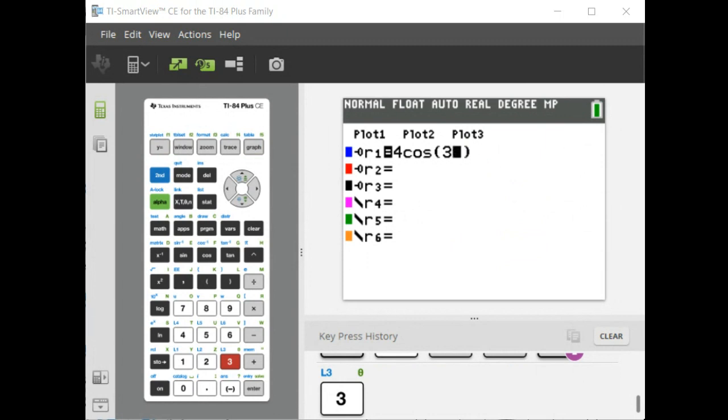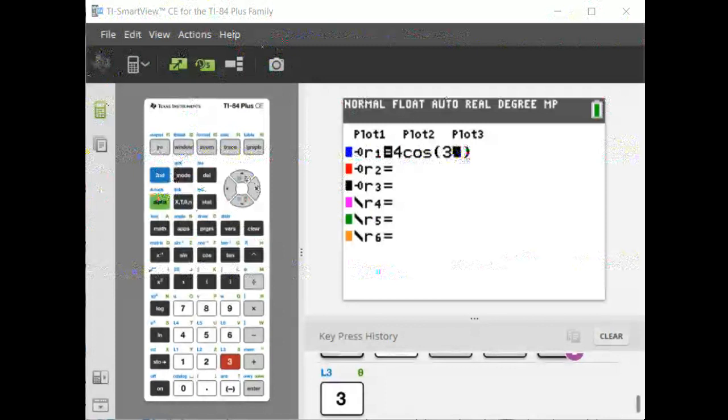Well, the previous one was 2, right? And I got 4 petals. So if this is a 3, what do you think? How many petals do you think we should get? It's 3. Just 3. Why? Oh, I don't know.